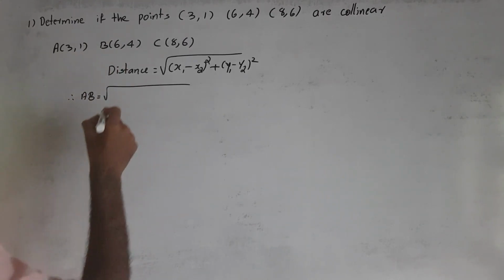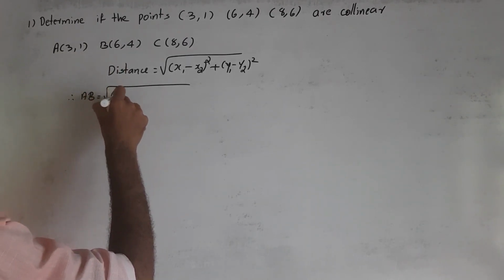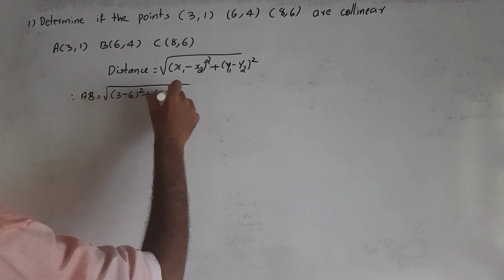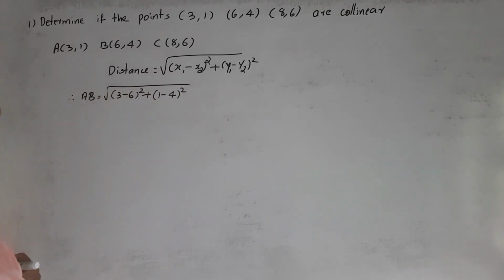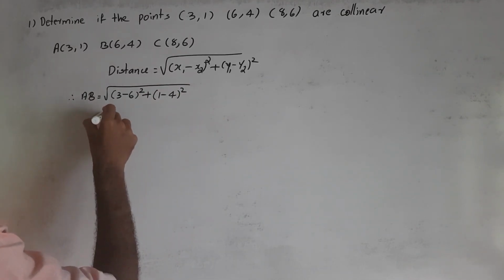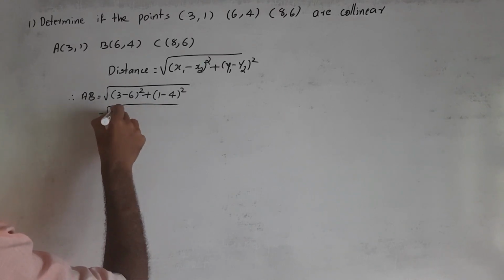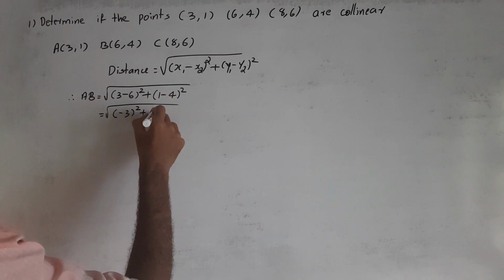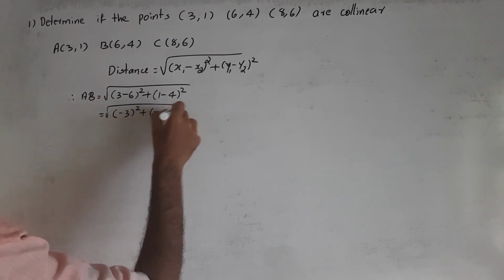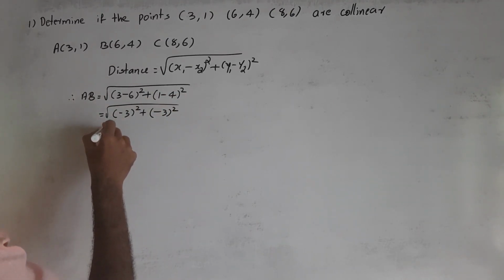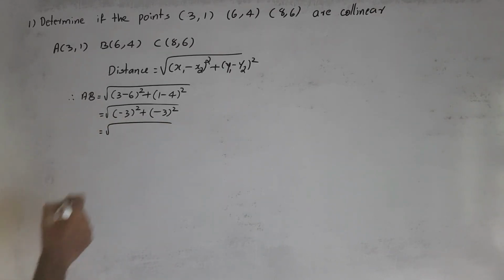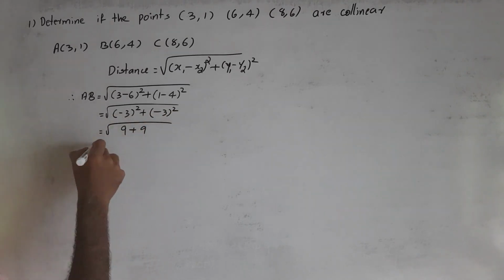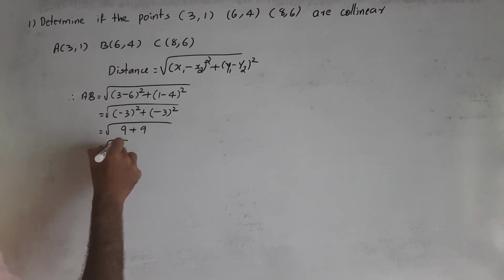So we substitute the values. We get root of (3 minus 6) whole square plus (1 minus 4) whole square, which is root of (minus 3) square plus (minus 3) square. Then minus 3 square is 9, plus 9, so it is root 18.